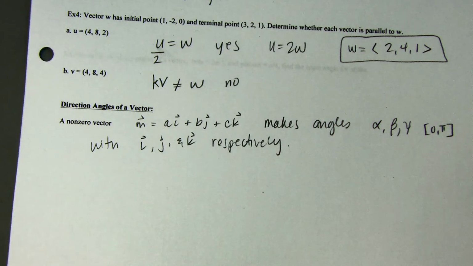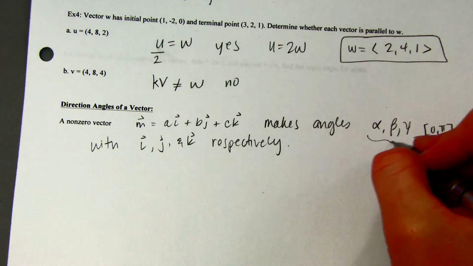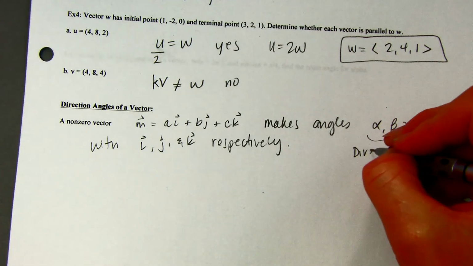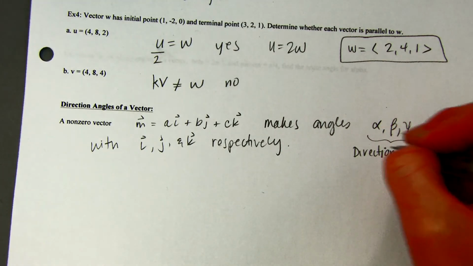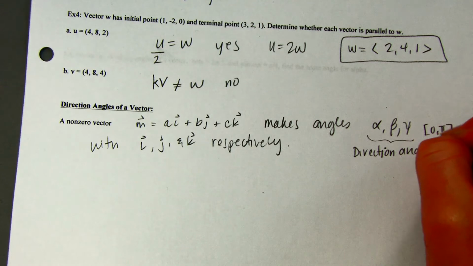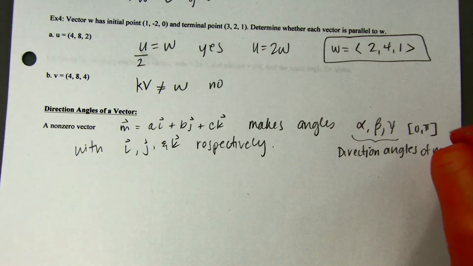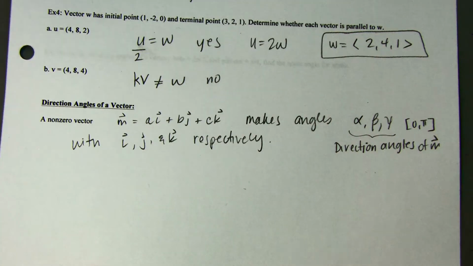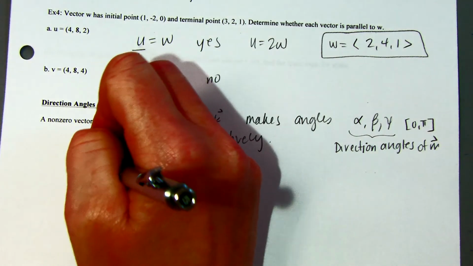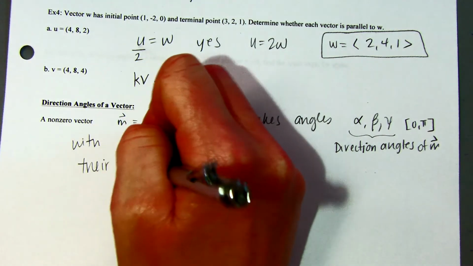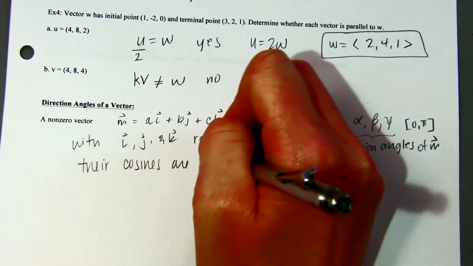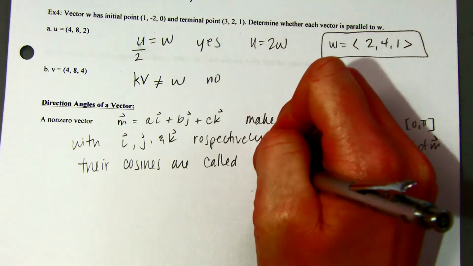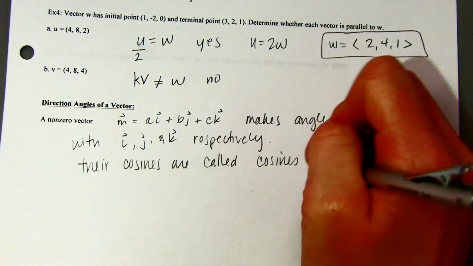These angles are called the direction angles of vector m. And their cosines are called, this is so stupid, but they're called the direction cosines of vector m.